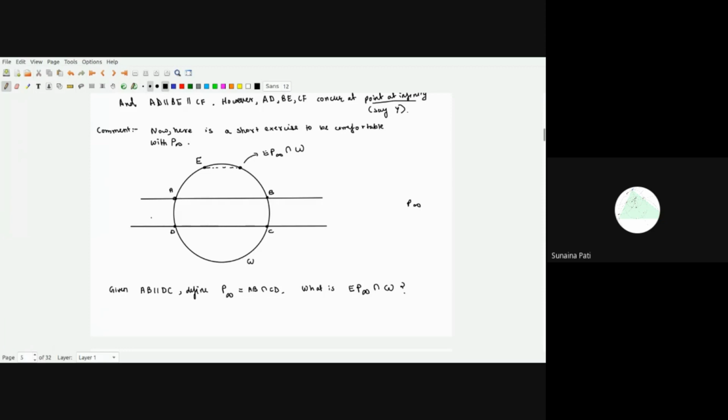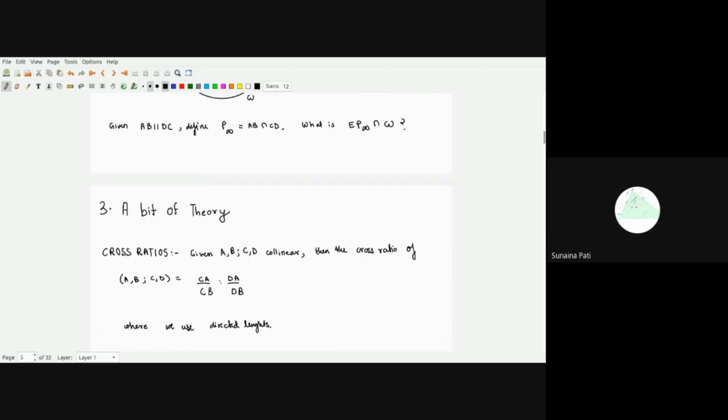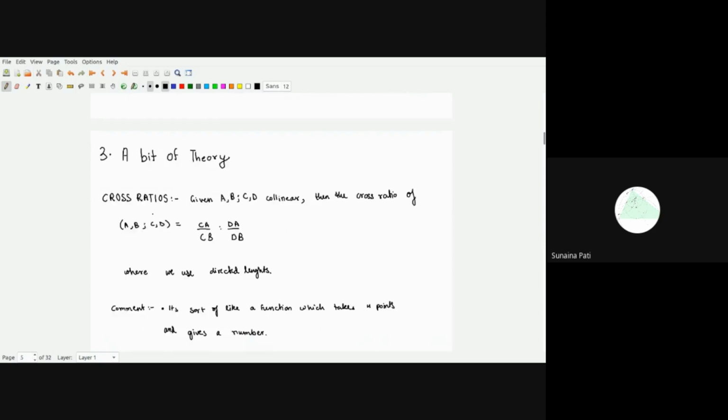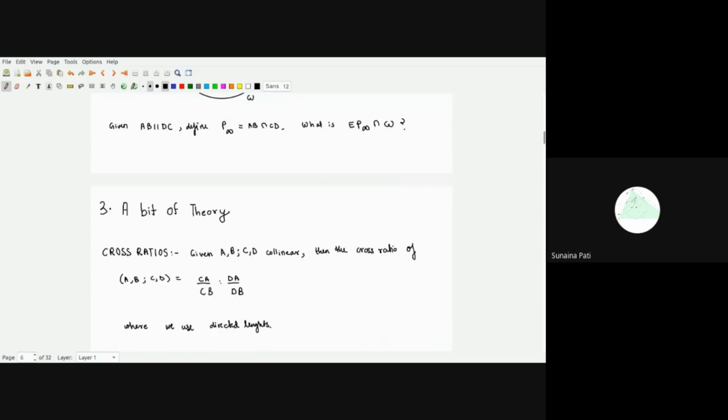Now the next thing, which is probably the one you're waiting for, is a bit of theory and defining what cross ratios are. Cross ratios are basically defined for circles and lines, and then get extended to conics, if I'm not wrong. I'm not sure about conics. For lines, you have 4 points.